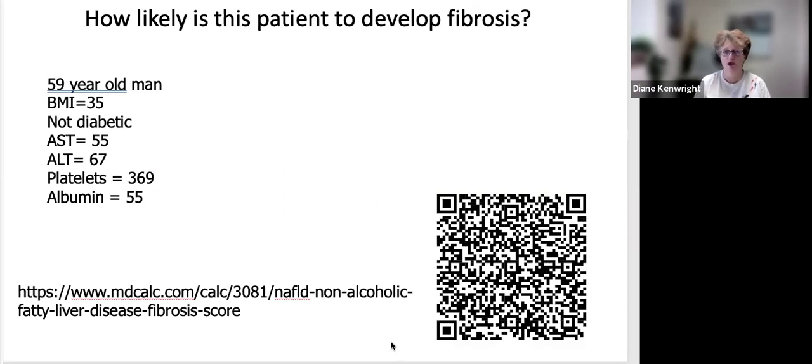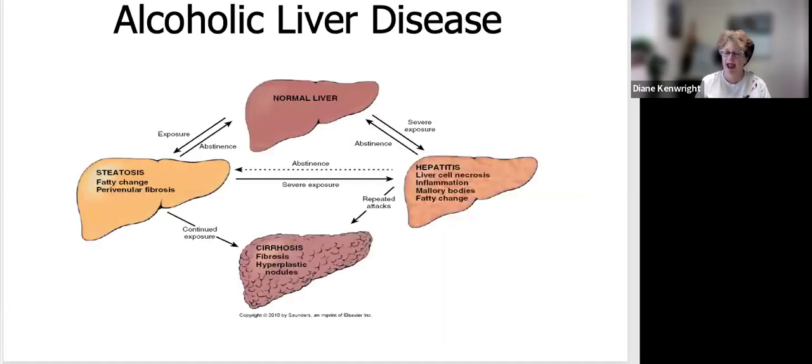Have a go. Just pause the video and have a go. Okay, carrying right along. I hope you found out that he wasn't very likely to have fibrosis, because this is most middle-aged men, really.